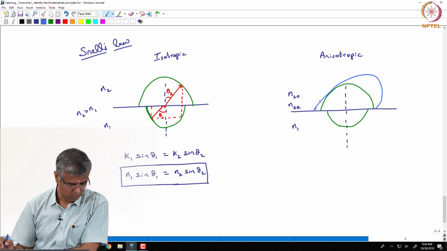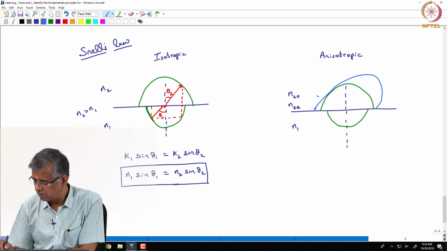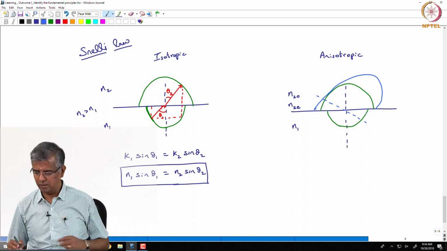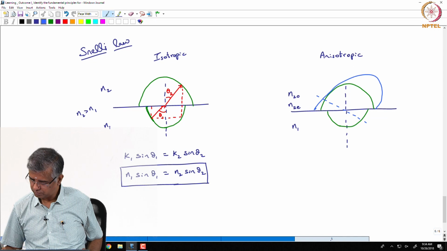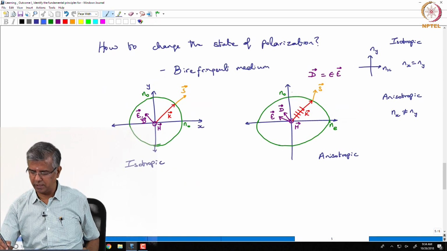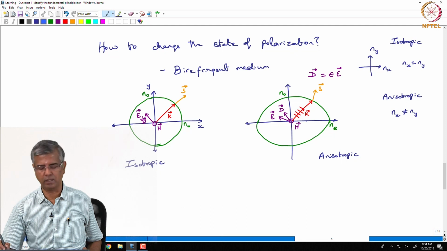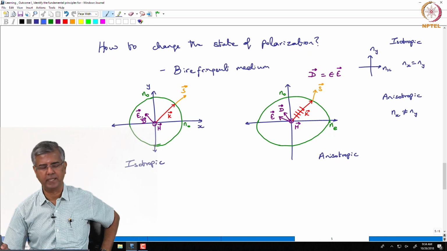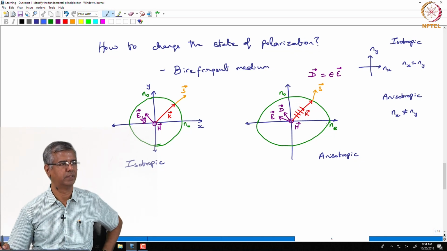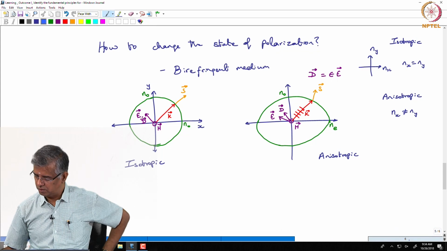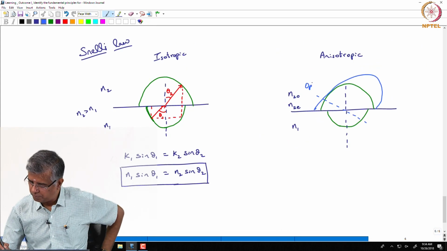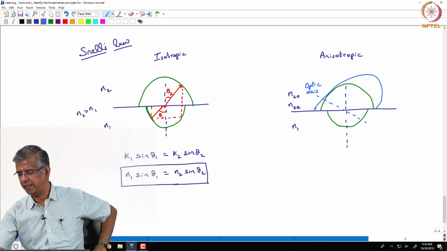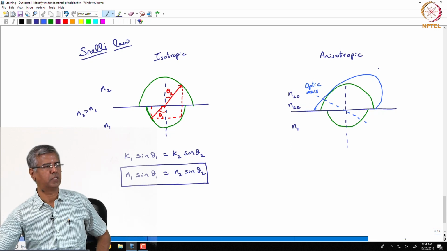In this case you have what is called the optical axis. The optical axis in this picture corresponds to the vertical line. The optical axis will be perpendicular to the direction of the extraordinary refractive index. So, let us say the optic axis is like this. My extraordinary index at this point corresponds to nE.